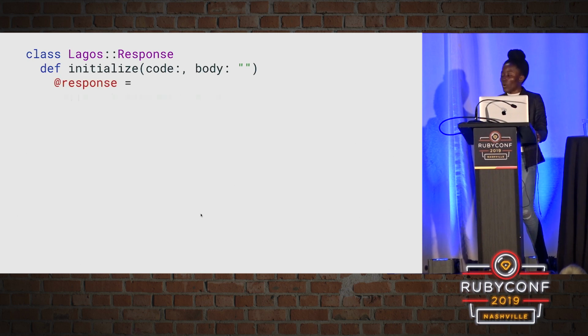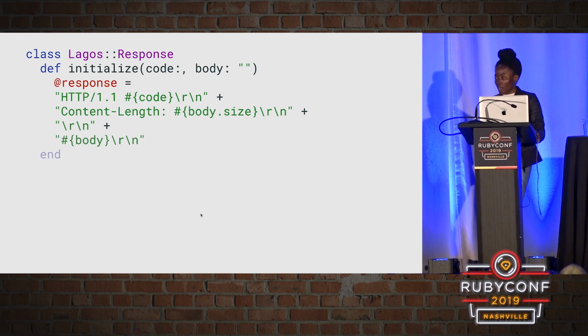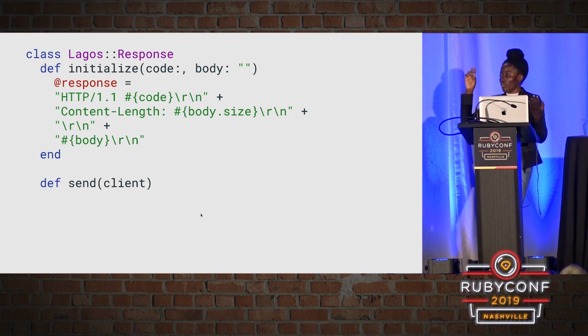And here is what the response class looks like. Because we already know, according to the HTTP spec, the structure of what an HTTP response should look like, we're essentially picking the code and the body, and creating a string that looks like an HTTP response, based on the request that we've gotten from our server.